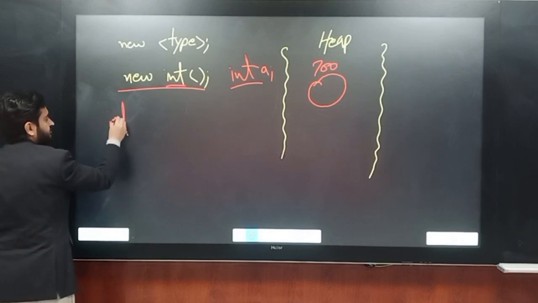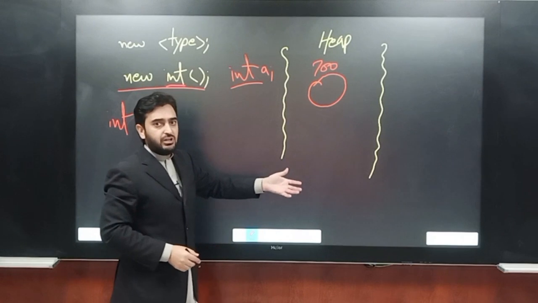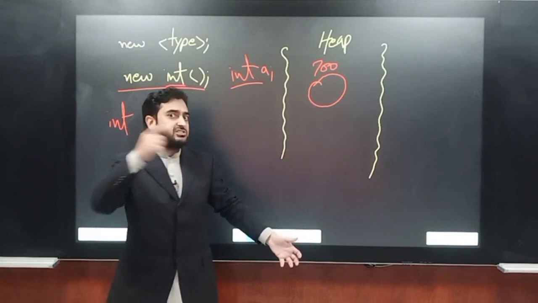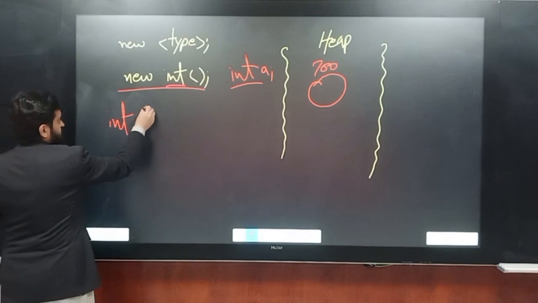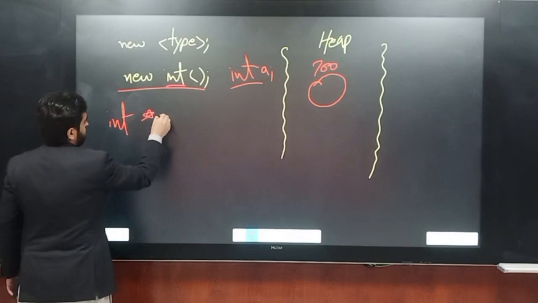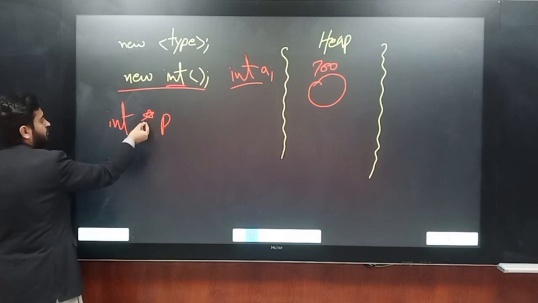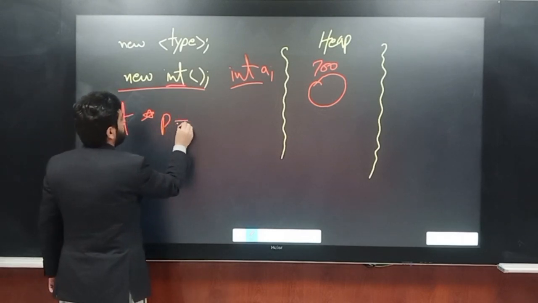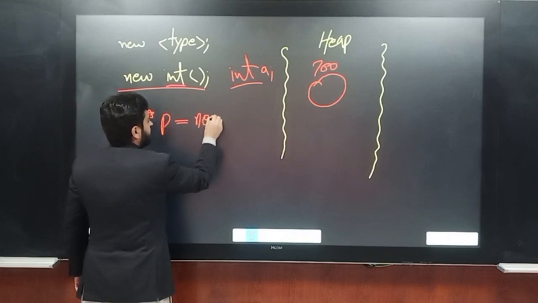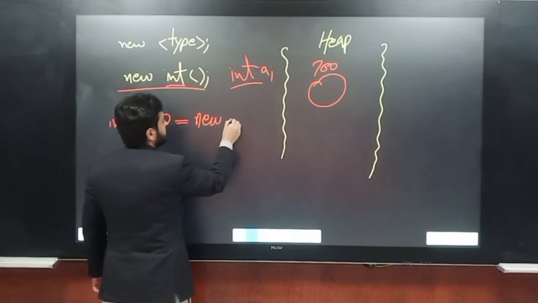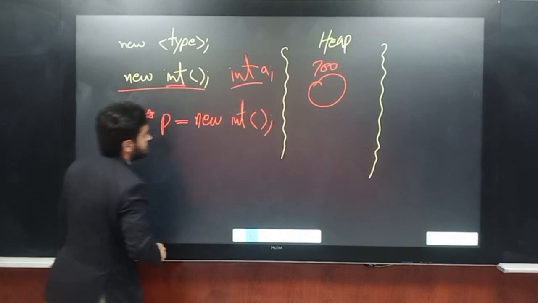Because this is an integer type object, the address of this can be assigned only to an integer type pointer. Let's see p as the variable name with a pointer of type integer. In this way we can assign, creating a new object of type integer.